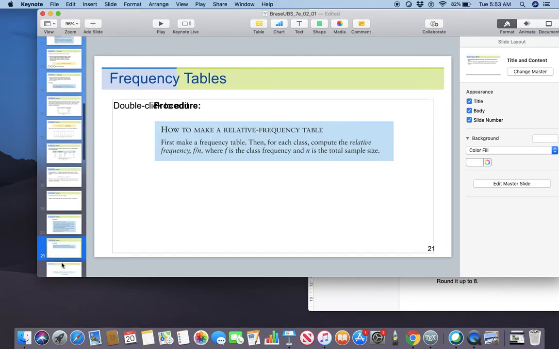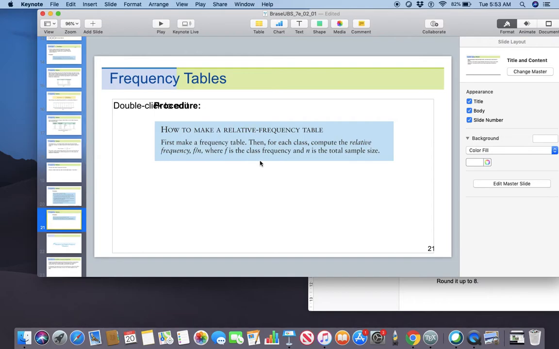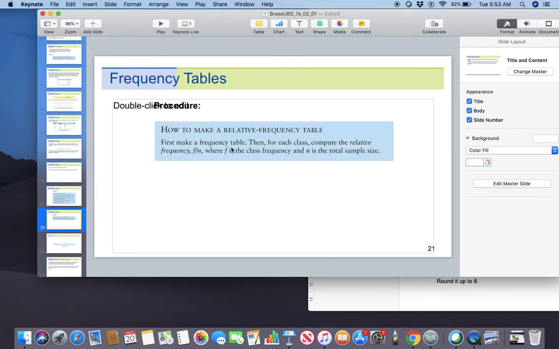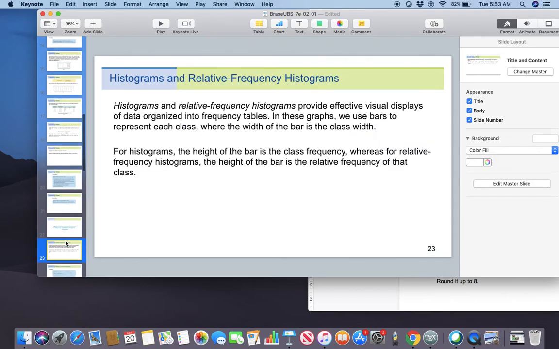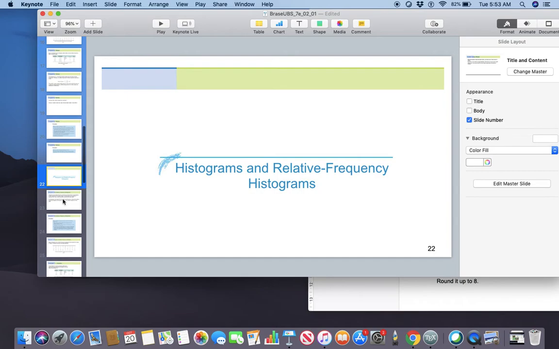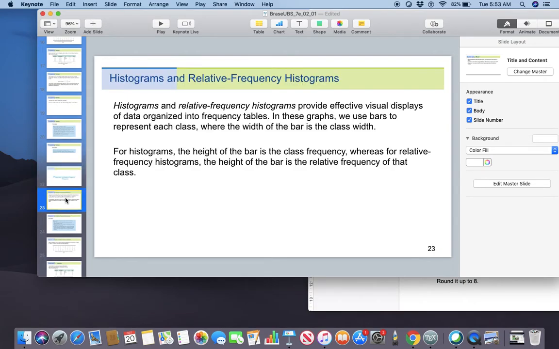So for a relative frequency table, what do you do? You first make the frequency table and then divide throughout by n, all the frequencies by n. Now histograms and relative frequency histograms. Histograms and relative frequency histograms provide effective visual displays of data organized into frequency tables.